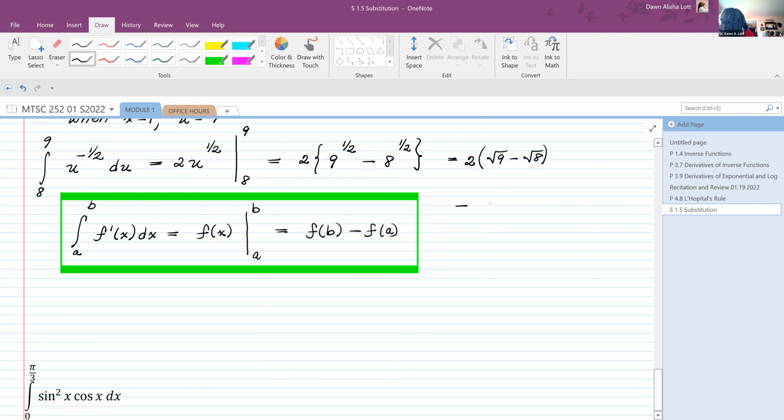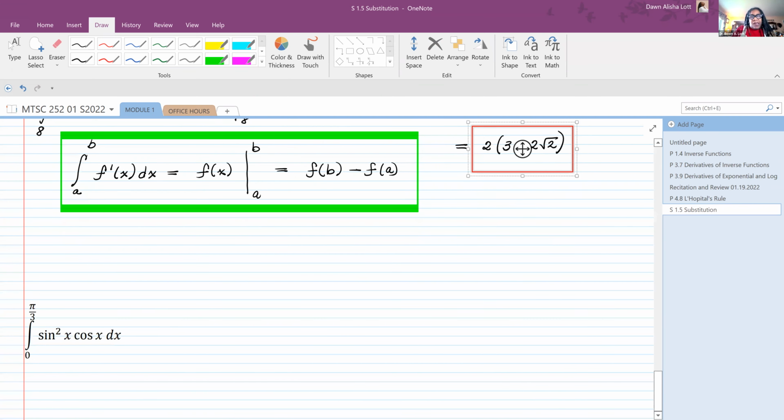So my answer turns out to be 2 times 3 minus 2 times the root of 2. So that's the answer. Now notice that when we have limits, we don't get a function, we get a value, because this value represents an area. Okay, any questions about that one?